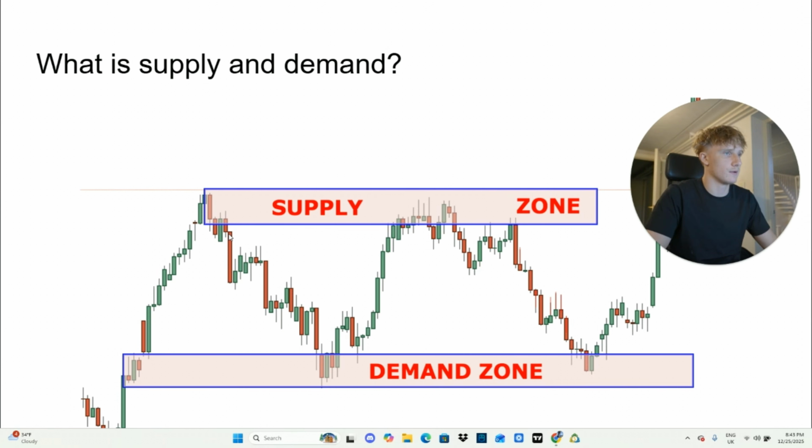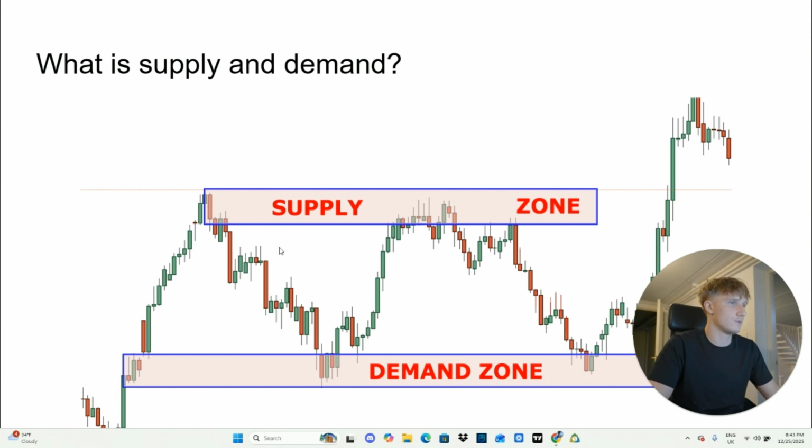We'll look at these levels and say, price has tapped in once, twice, three times, wow, this is a really strong level, it's really respecting it. But it's actually becoming weaker, because each time price comes into this level, more orders are being filled, eventually to the point where, as we can see here, it no longer respects the level and just breaks through. But we will dive into that more when we go into the rules and parameters.